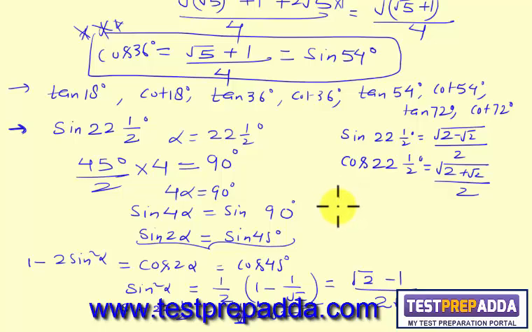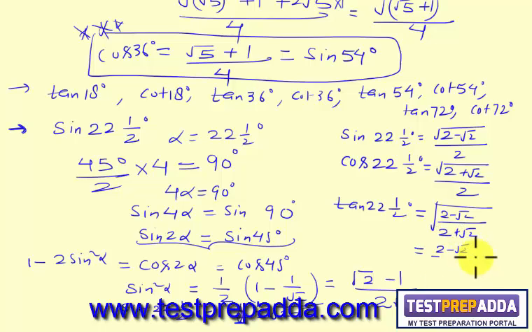So, what will be the value of tan 22 and half degree? You divide sin theta upon cos theta. So it comes 2 minus root 2 upon 2 plus root 2. Now if I multiply this 2 minus root 2 in the numerator and denominator, the numerator will come out as 2 minus root 2, and the denominator will become what?